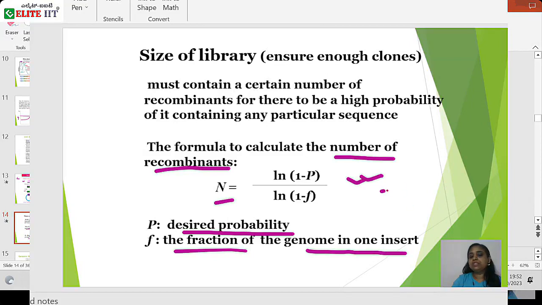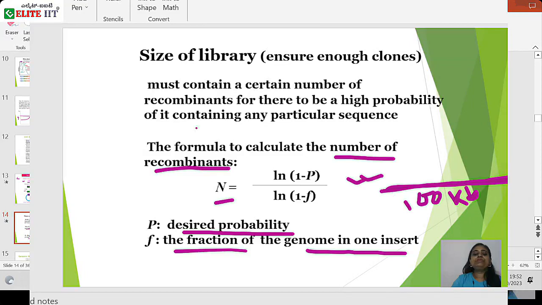That means if you consider that this is the total genome structure, this is the total length. Say this is 100 kb, I'm just giving an example.